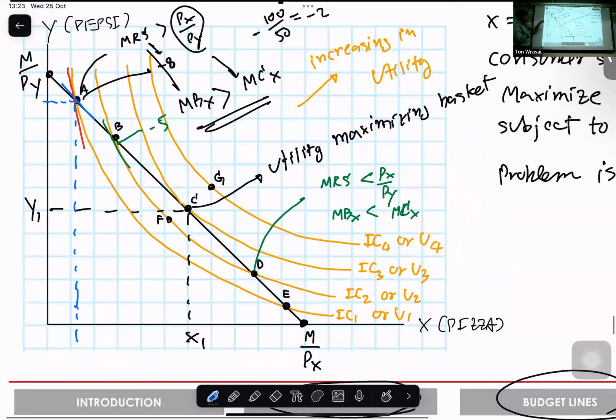When this guy says 8, that means to get the second unit, he is willing to trade 8 Pepsi. So he values this piece number 2 very much. That's what he thinks about the marginal benefit of pizza, the next slice that he is about to get.